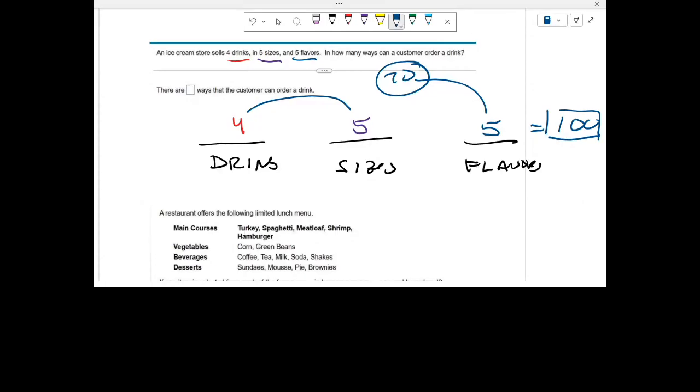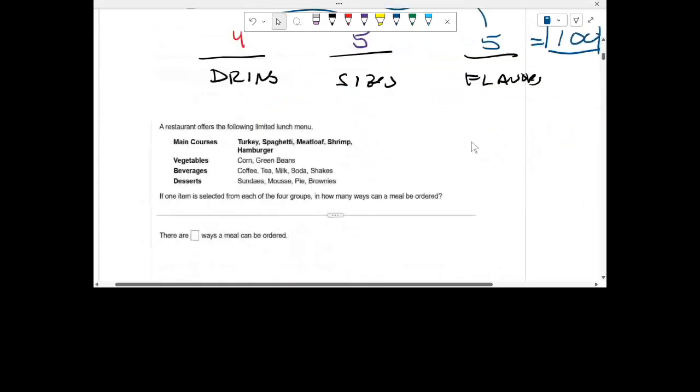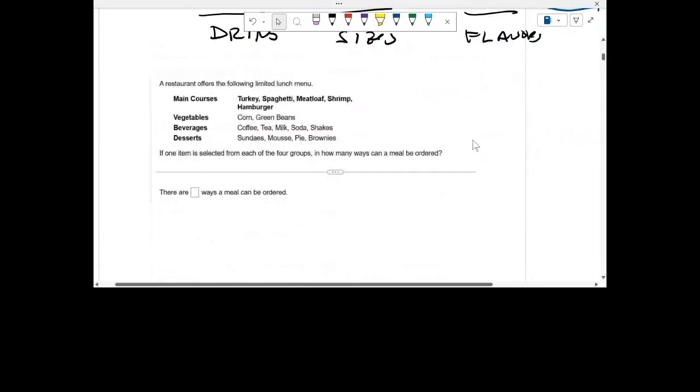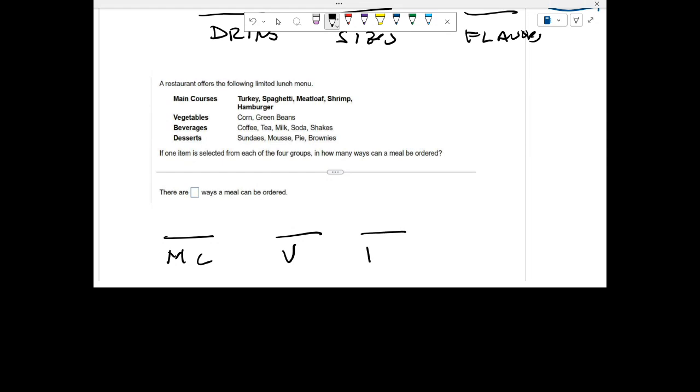Okay, so y'all, like I said, 7-1, very, very straightforward. Let's take a look at the next one that we got here. It says a restaurant offers the following limited lunch menu. Okay, so again, y'all, I'm going to set this up into pieces. We got main courses, we got vegetables, we got beverages, and we got desserts.